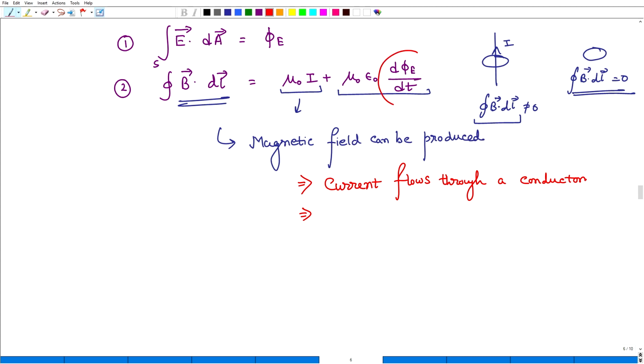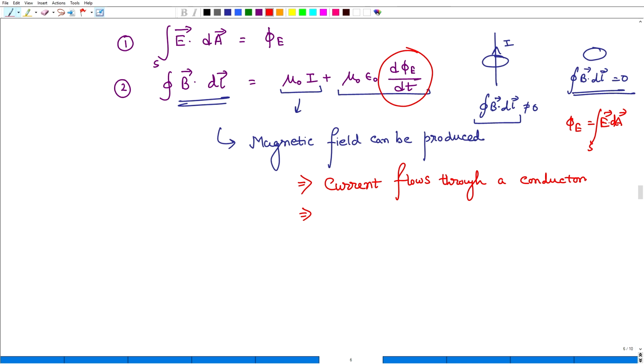How? If there is an electric flux which is changing with time. The electric flux depends on the electric field, because the form of the electric flux is EA, or in general the surface integral of E dot dA. So if there is an electric field, then there will be electric flux. If the electric flux is changing with respect to time, it means the electric field is changing with respect to time.